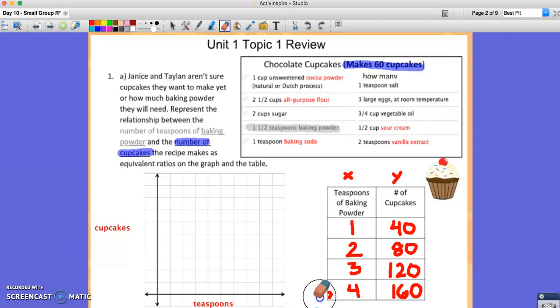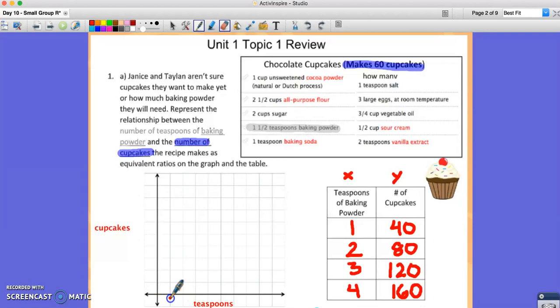I'm going to clear up some space here. I've already labeled my graph. I have teaspoons on the bottom, and I have cupcakes on the y-axis. When I go to fill in the graph, I need to make sure that I'm giving accurate and equal spacing on my scales. So if my X scale is by ones, 1, 2, 3, 4, I either want to go one box at a time or two boxes at a time.